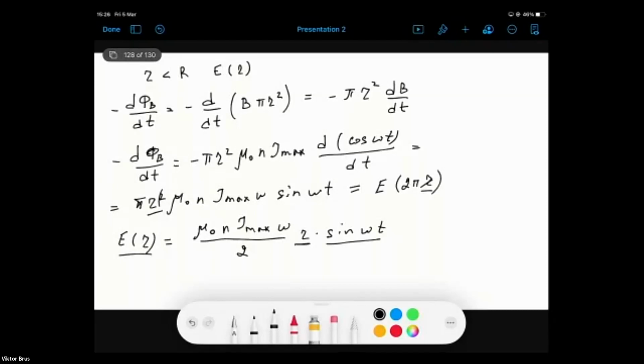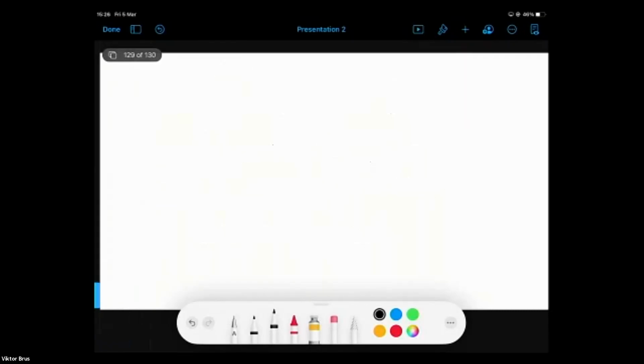Okay, so with this we are done, and now we proceed further to the consideration of some practical applications of Faraday's and Lenz's laws.